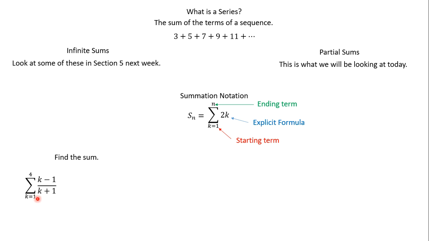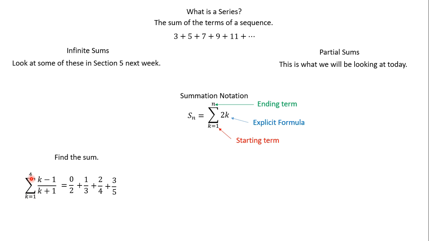So to find a sum, we can have our summation. We have k equals 1 to 4 of (k minus 1) over (k plus 1). And I tried to get one that's a little bit trickier here. So we're just going to start by plugging in 1. So 1 minus 1 is 0 over 1 plus 1 is 2. Plus, plug in 2. 2 minus 1 is 1 over 2 plus 1 is 3. Plus, plug in 3. Plus, plug in 4. And that's it.